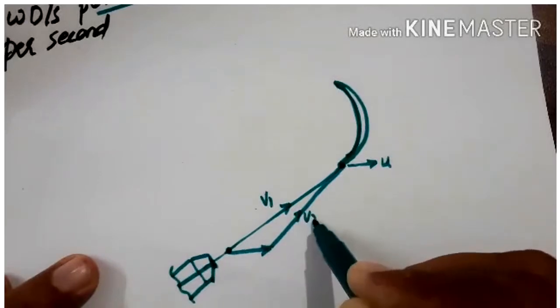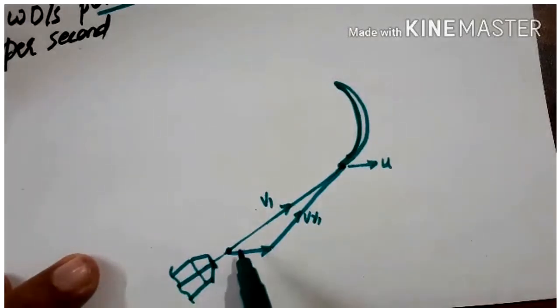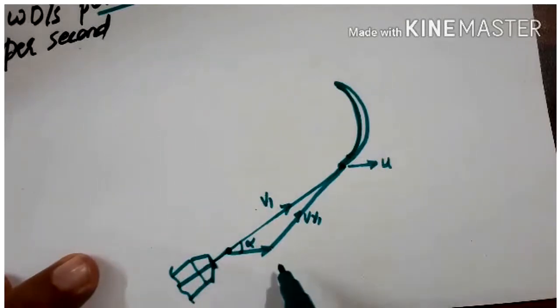Then join this one; this is VR1. V1 is the absolute velocity, which makes an angle alpha, called the nozzle angle or the guide blade angle.